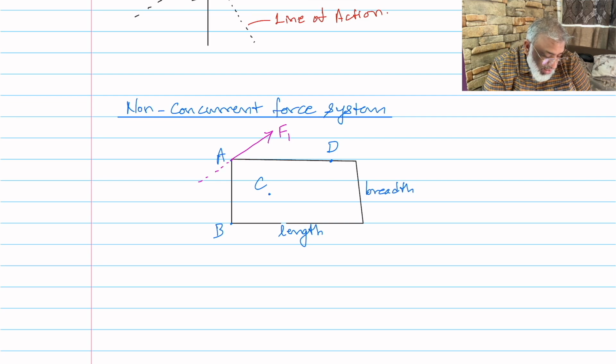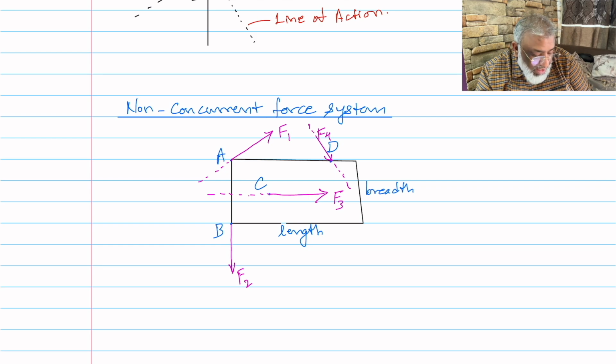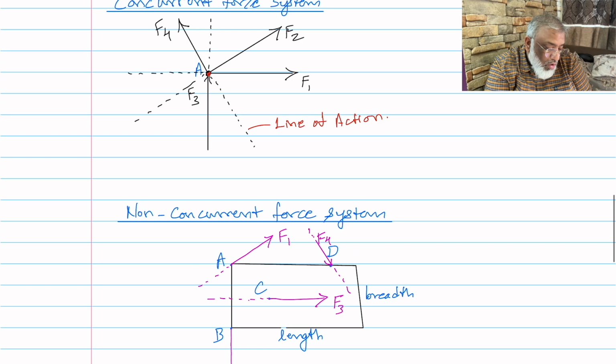Say F1 is going like this, F2 is going like this, passing through point B. Then say F3 is going like this through point C, and then maybe another inclined force F4 going like this through point D. So what I mean to say is that the lines of action of all the forces in the system will not be passing through only one single point like the way we had in concurrent force system.